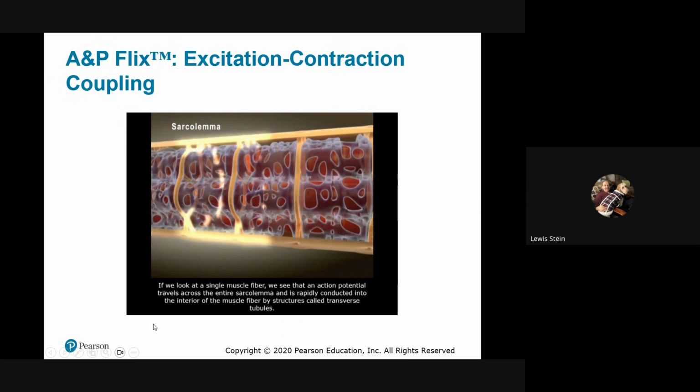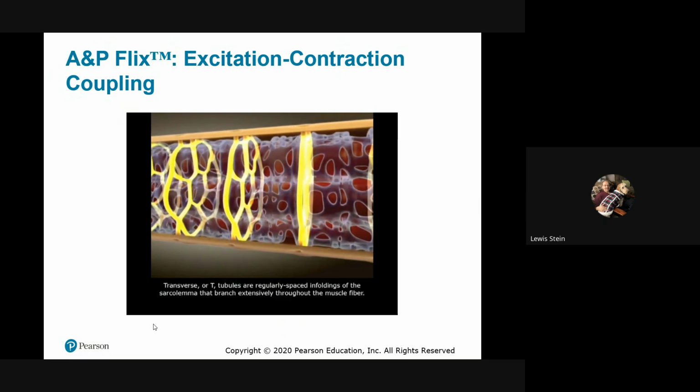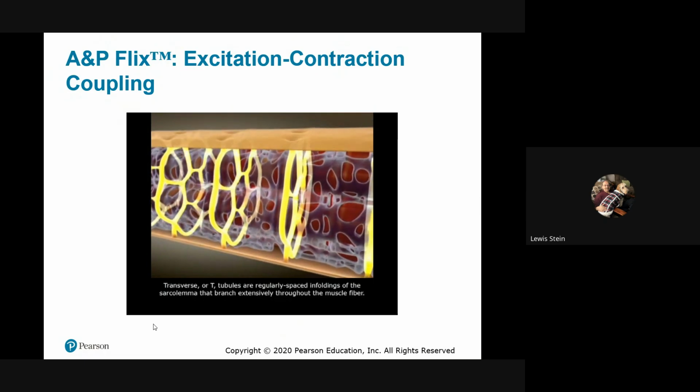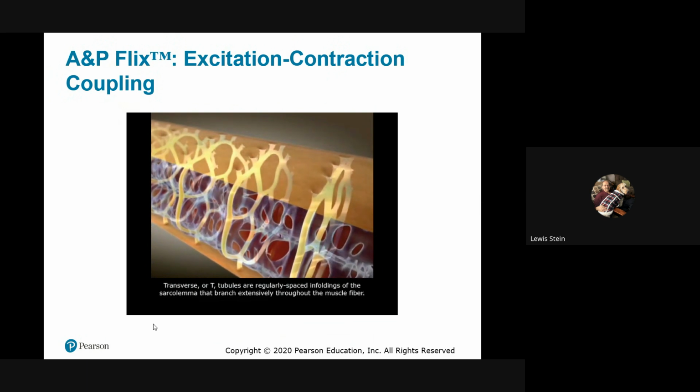And is rapidly conducted into the interior of the muscle fiber by structures called transverse tubules. Transverse, or T-tubules, are regularly spaced enfoldings of the sarcolemma that branch extensively throughout the muscle fiber.